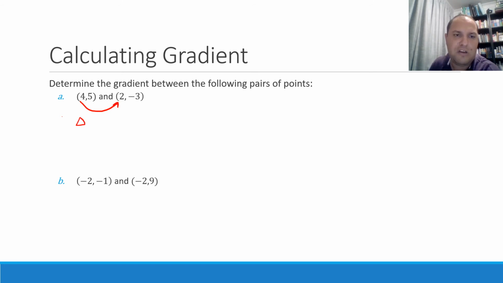So the change in the x coordinate from 4 to 2, well, we've gone down 2 places. So the change in our x coordinate is -2. What about the change in our y coordinate? We started at 5, we've gone down to -3. So that's -8 spaces we've gone down.